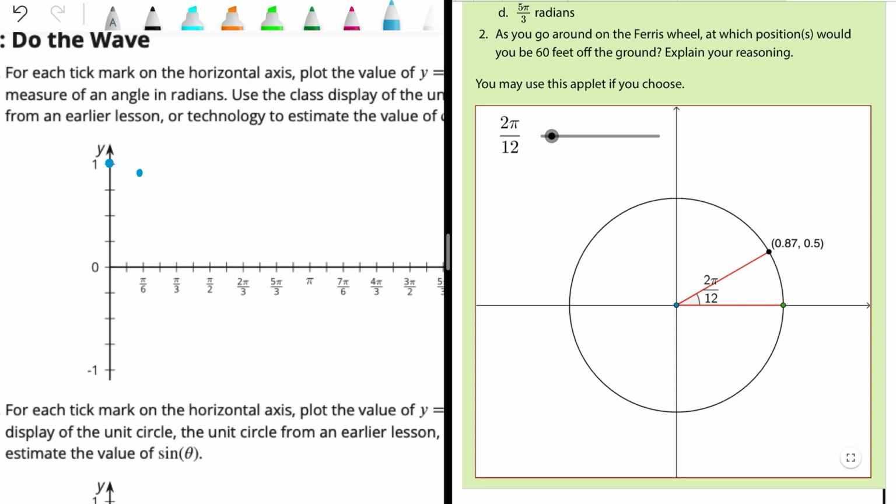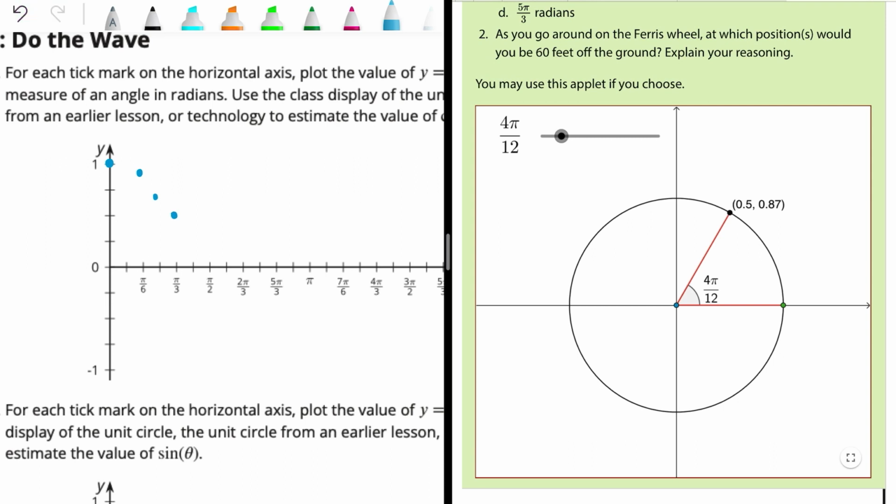All right, and then for pi over 3, well, let's do pi over 4. So pi over 4 is 0.71, so that's going to be right about there. And then pi over 3 is 0.5. It should be a little higher, I think.